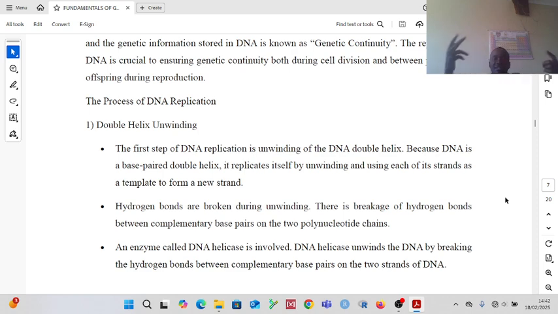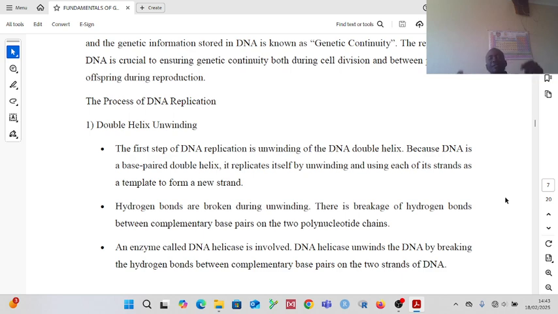So we have to unwind our DNA. What was initially double-stranded, we must open up so that the two strands are separated. Each of them has to be a single strand now. So DNA is a double-stranded molecule. For it to replicate, we need to unwind. We need to cut what was initially double-stranded to open it up so that it can become a single strand.